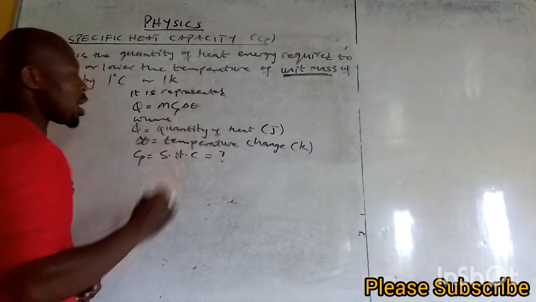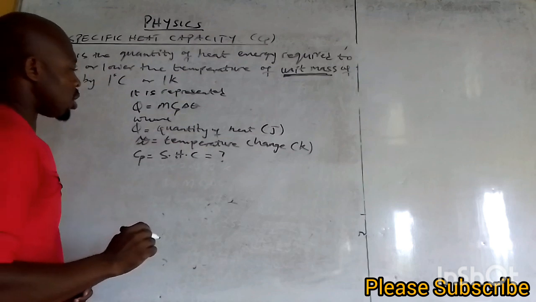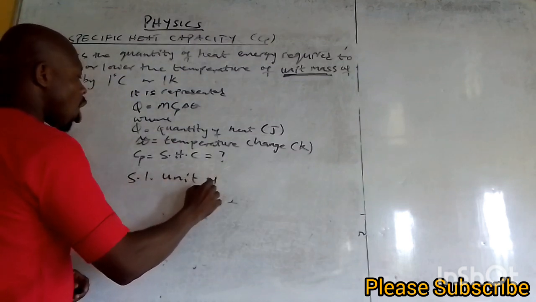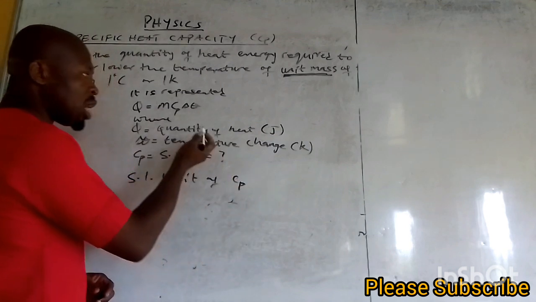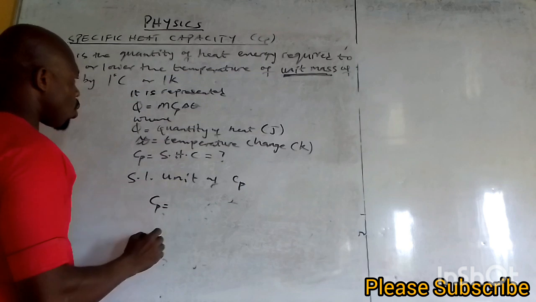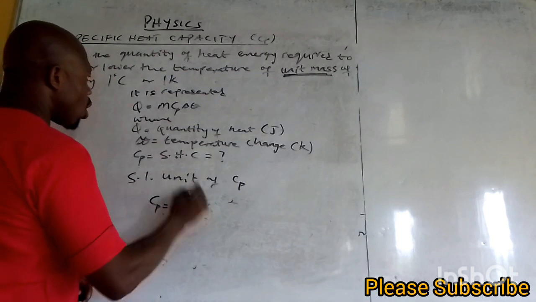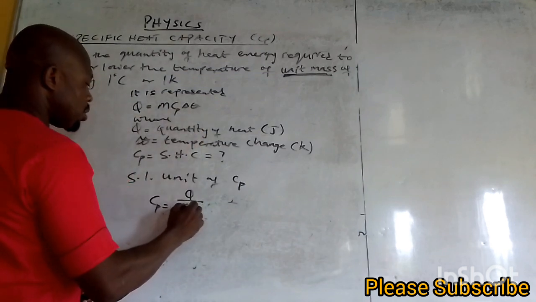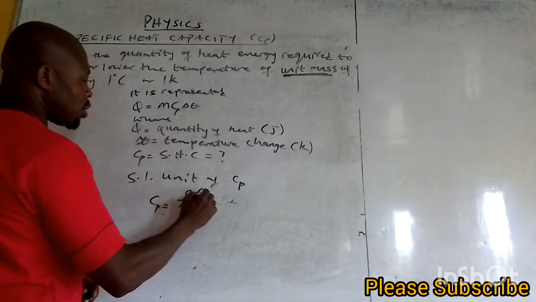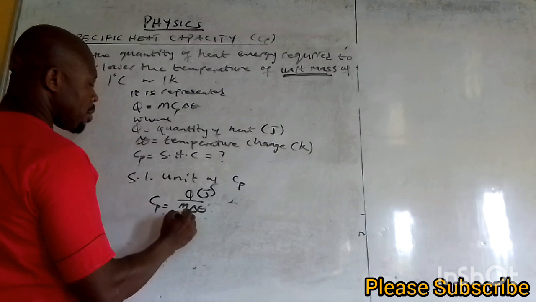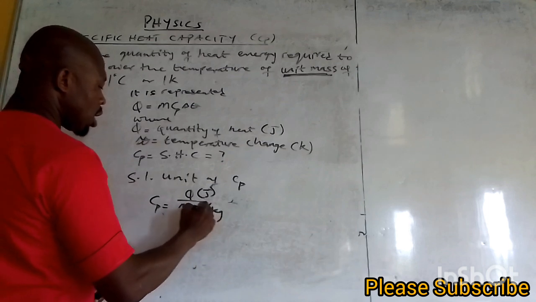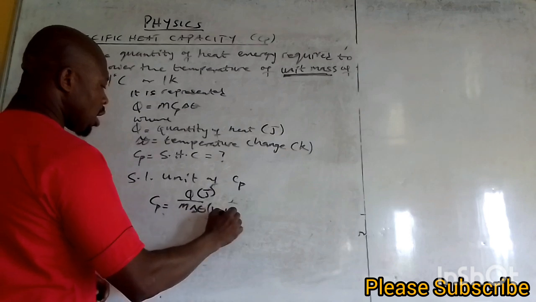Of course, we will find the SI units. So, the SI units of Cp can be obtained from this formula. By making Cp the subject, Cp equals Q all over mass times temperature change. And of course, Q is measured in joules, mass is in kg, and temperature is in Kelvin.